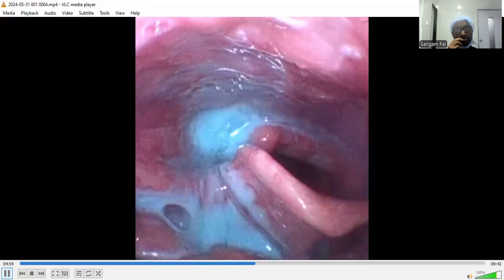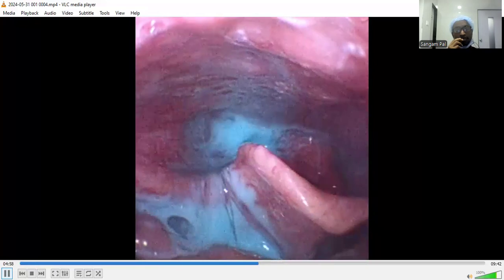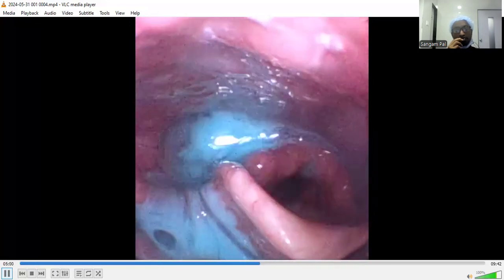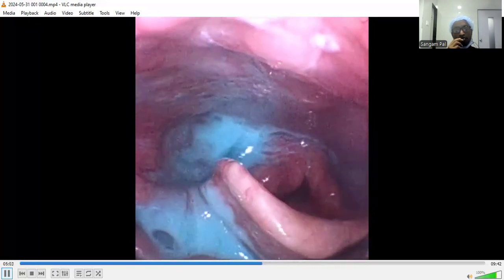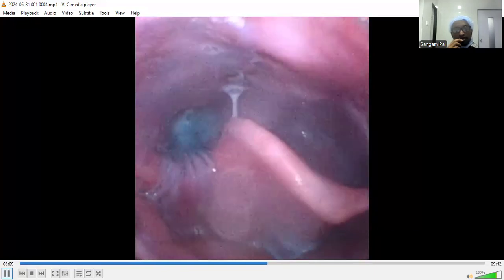We can see now there'll be swallowing and white out. It is accumulated in the piriform sinus. The liquid has accumulated. Now he will swallow. Now he should swallow. So that was white out and the liquid has gone inside the esophagus, and minimum pharyngeal residue is there. Again, in 1-2 attempts, the whole amount of liquid will be swallowed.